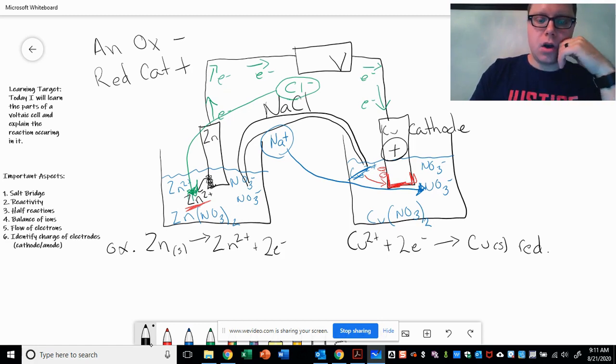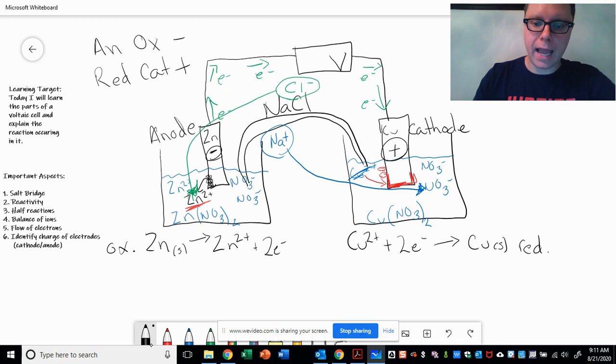Over here, this electrode is going through oxidation. So that's going to be our anode, and it's going to be a negative charge. It's producing electrons that flow over to the positive. So now we have all the important aspects labeled out.